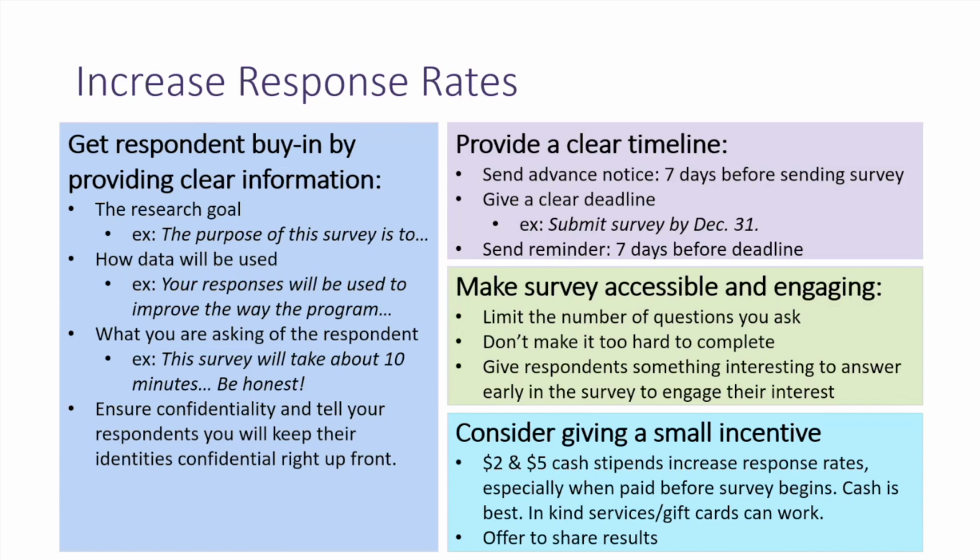So being really explicit around the reason that we're fielding this survey is because of this. This is how we're going to be using the responses. Maybe we're going to improve the program that you're engaged in. And then being clear around what you're asking of the respondent, saying, we think this will be a 10 to 15 minute survey or a 5 to 10 minute survey, and being honest around that.